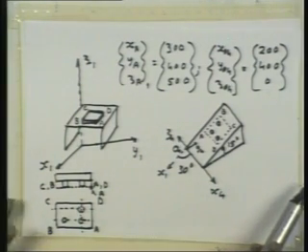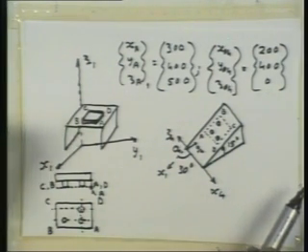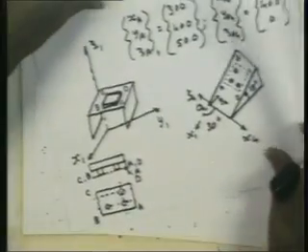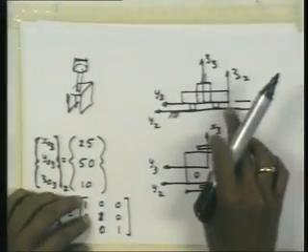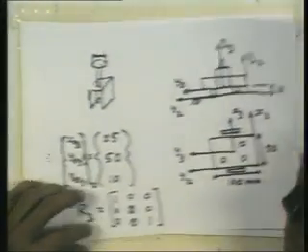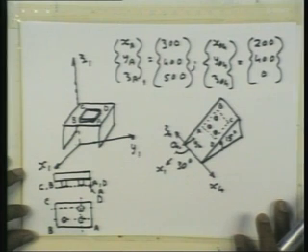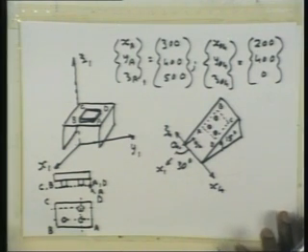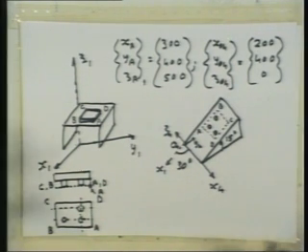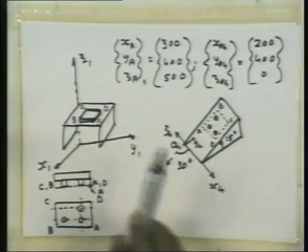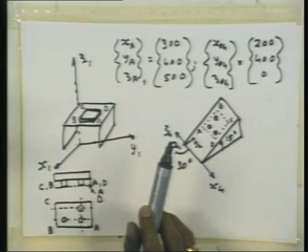That's one thing. The other thing is, where will this reference frame 2 be? Reference frame 2, which is attached to the object B, when the object is in the first position. That is something we can work out, right? Because we have attached the reference frame to the object, and we know the object in the first position.